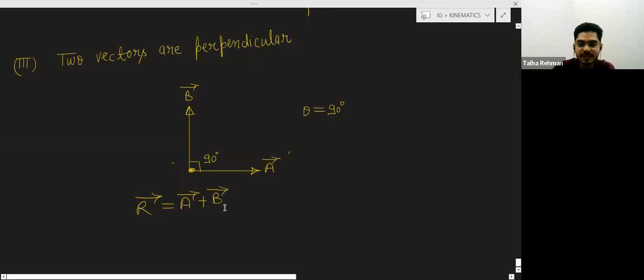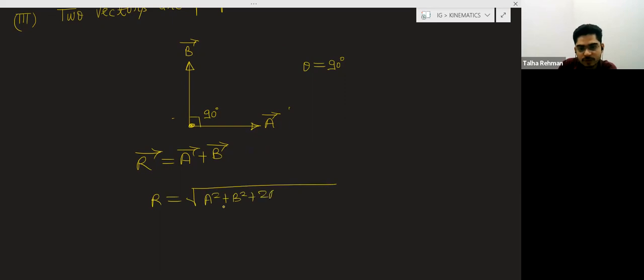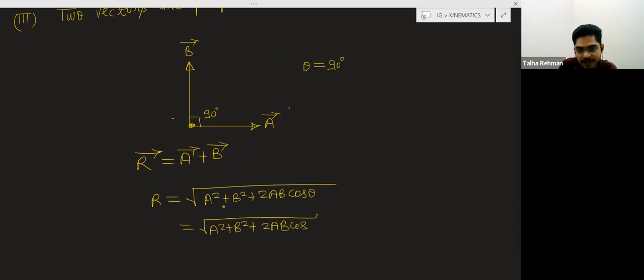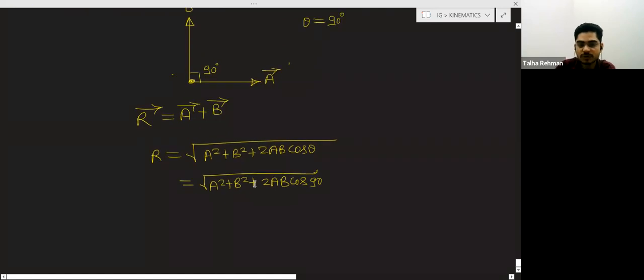Now the resultant can be found with the help of this formula: R is equal to under root of A square plus B square plus 2AB cos theta. So now, A square plus B square plus 2AB cos 90, because theta is 90 and cos 90 is 0, so this whole term will become 0.